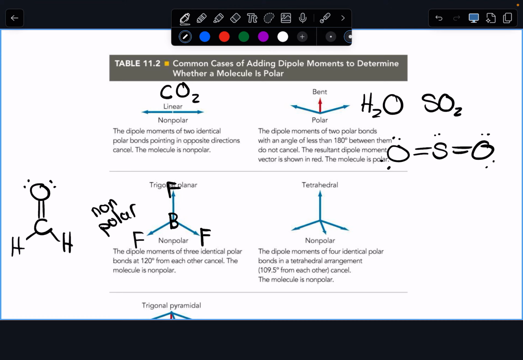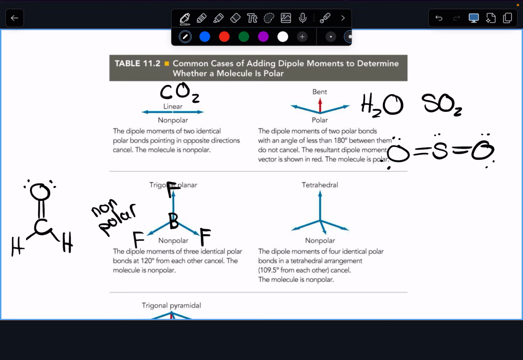So CH2O, which I think we've drawn before, very similar. It has a trigonal planar geometry, but this oxygen is much stronger than those hydrogens. In fact, those hydrogens are probably not going to even attract the electrons from the carbon very much.